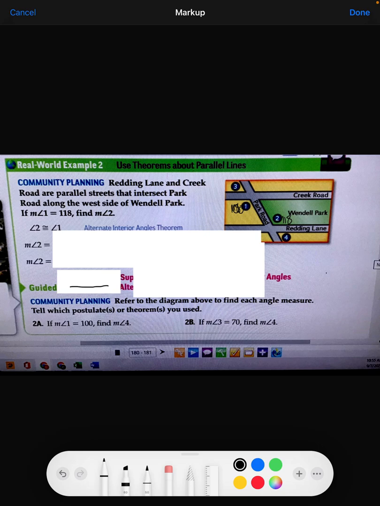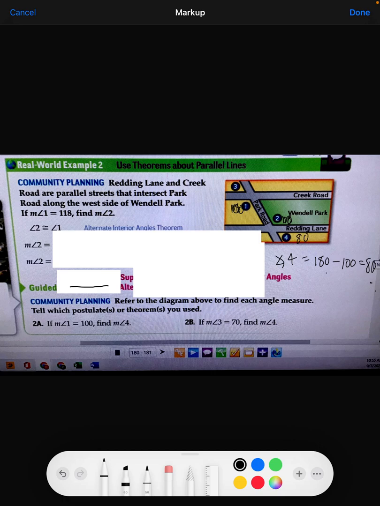If 1 is 100, using the same thing we just did, alternate interior angles, we can say that angle 2 is 100. And because these lines are collinear, they form a linear pair, so they're going to add up to 180. So angle 4 is going to be equal to 180 minus 100, which gives us 80 for angle 4.